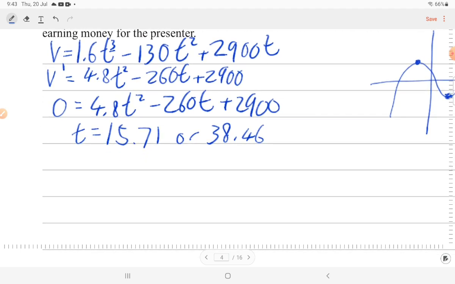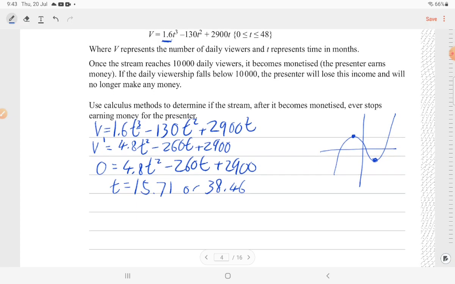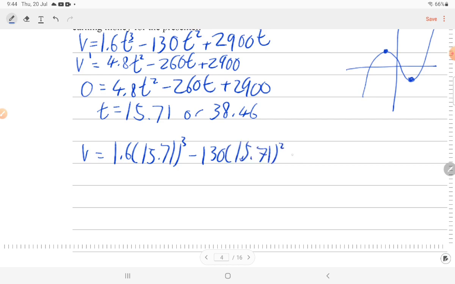So let's plug in to see how many viewers each number gives. v of t is the amount of viewers. So v is equal to 1.6 of 15.71 cubed, take away 130 of 15.71 squared, plus 2,900 of 15.71.